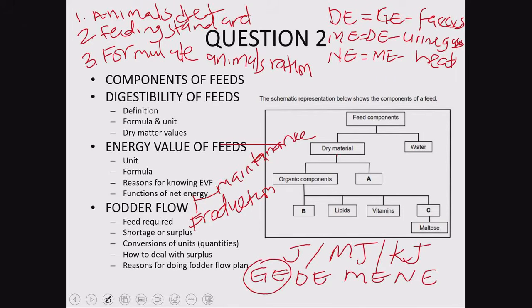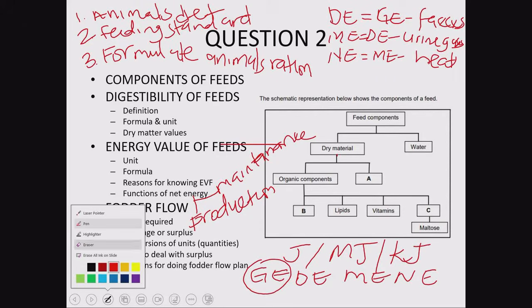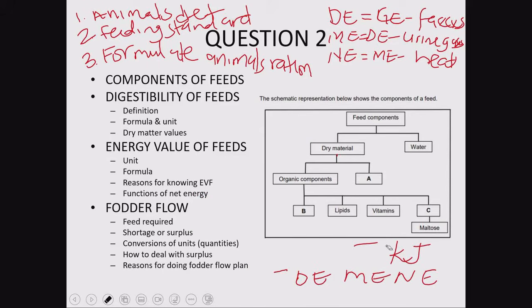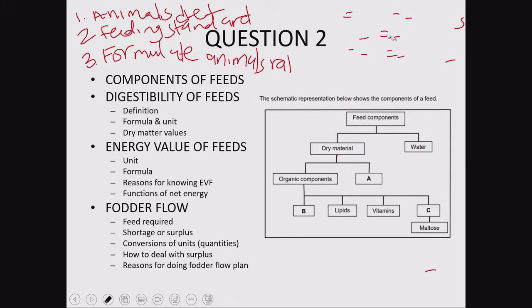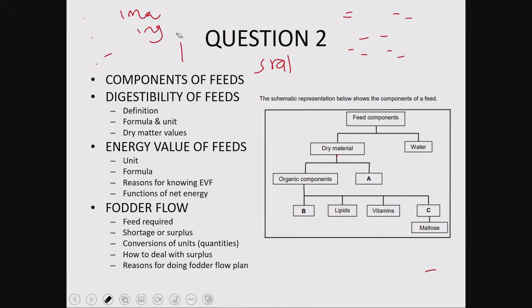I will quickly go to fodder flow. So for fodder flow, what is important is to know the feed required, how to calculate feed required. So the formula for feed required is, you write it like this.